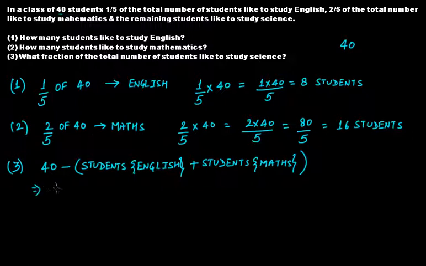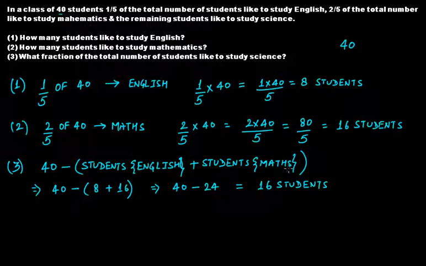So this will be 40 minus students that like English, 8, plus students that like maths, 16, and this will be 40 minus 24, and this will give you 16. So 16 students like science.